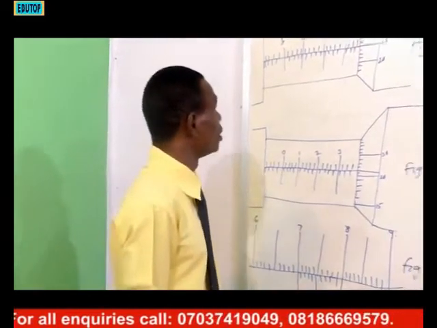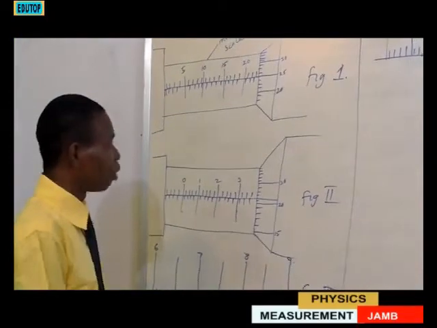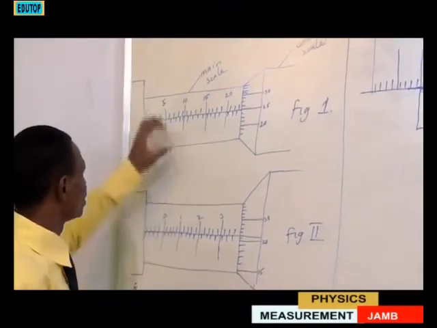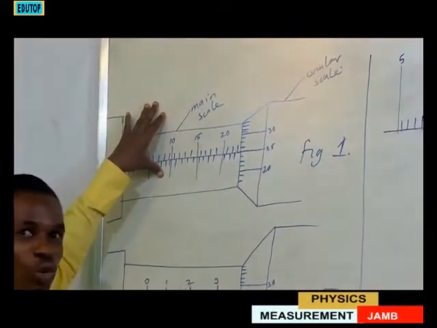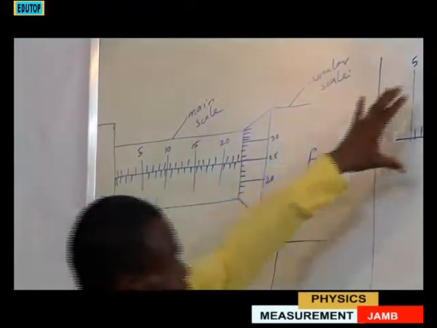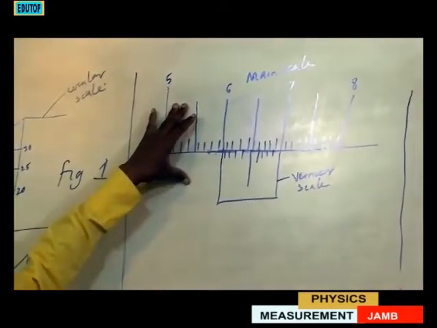As you can see, we have the following figure on the board. This diagram represents what we call a micrometer screw gauge, and this diagram represents what we call a vernier caliper.